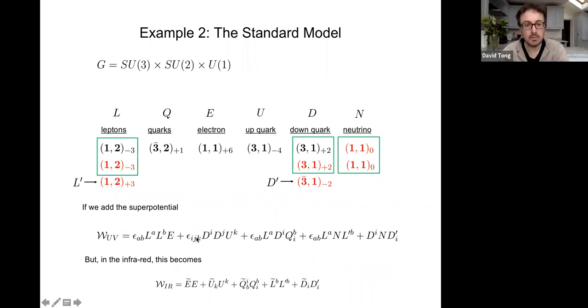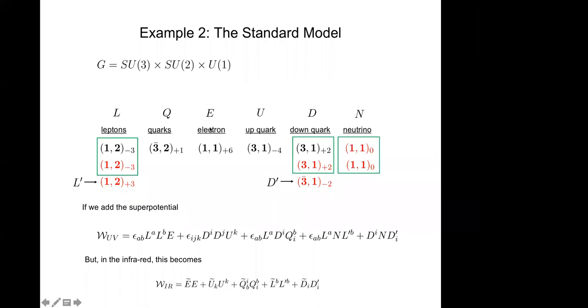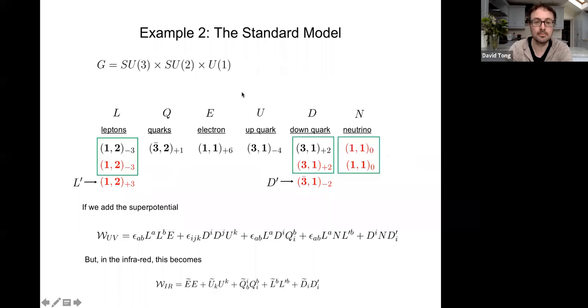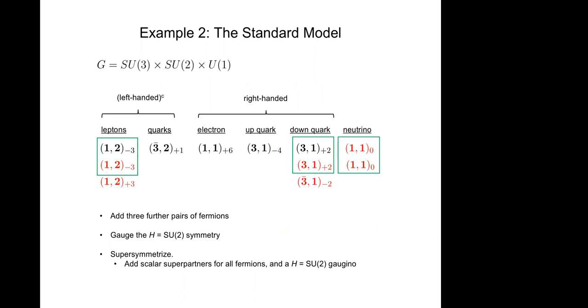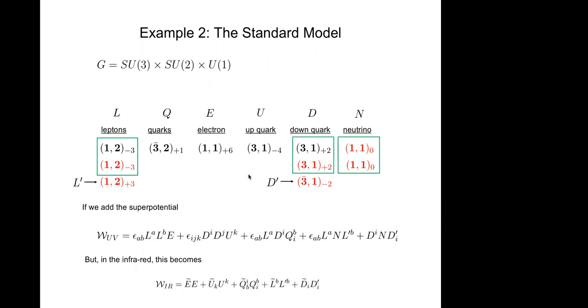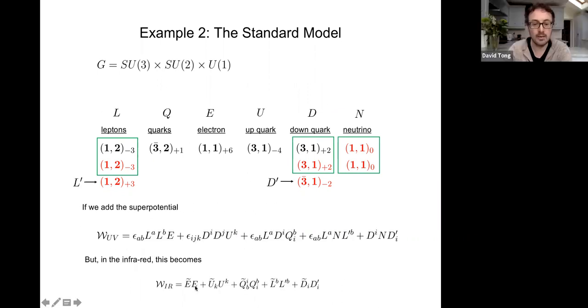Let me see, here. These are the left-handed quarks and leptons, and these are the right-handed ones. So when I say leptons, I mean left-handed guys. But what is the mass term of the right electron?